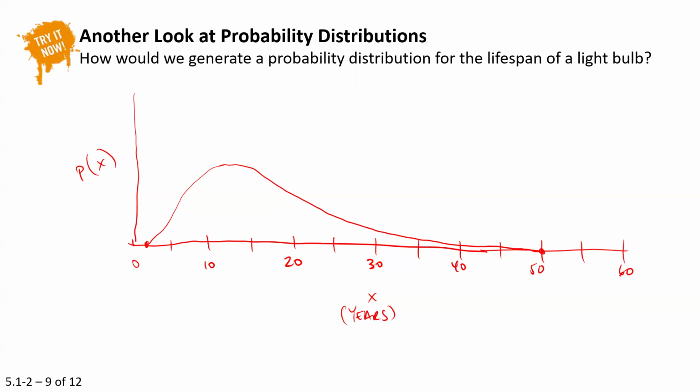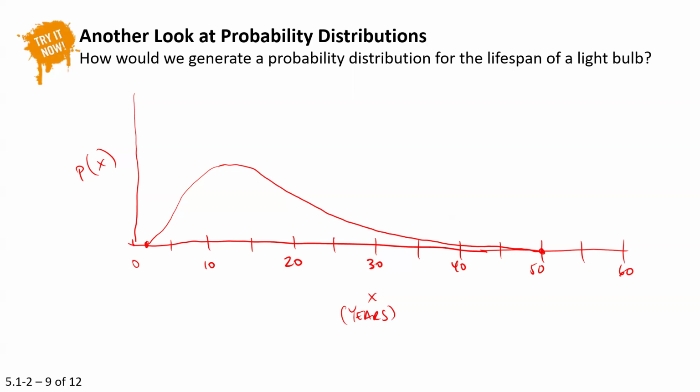But if we were to take a look at all of the data coming in for each one of the light bulbs, would all of the data be in whole numbers or could it be whole numbers with decimals? Is it possible that it could be whole numbers with decimals? Could somebody say this lasted 4.6 years? Yeah. So it's possible that we could have really, really accurate values here.